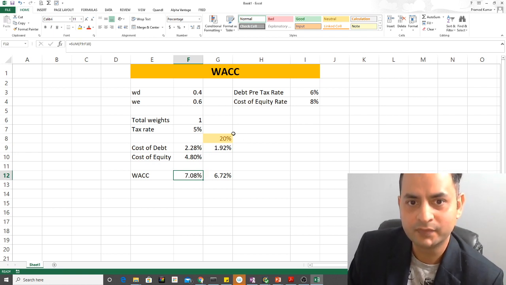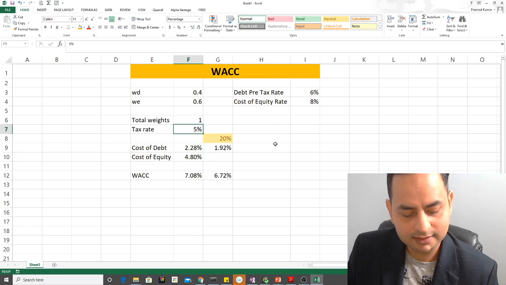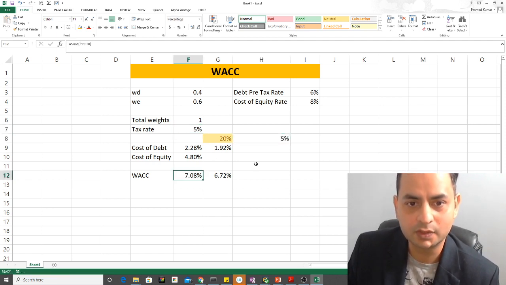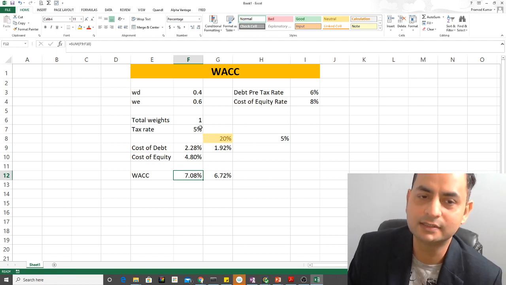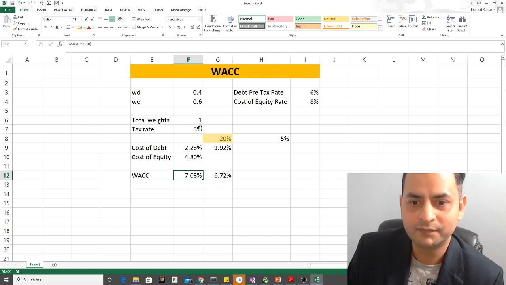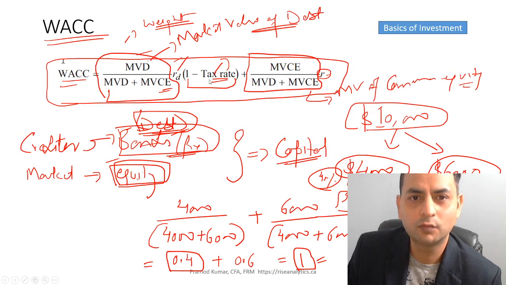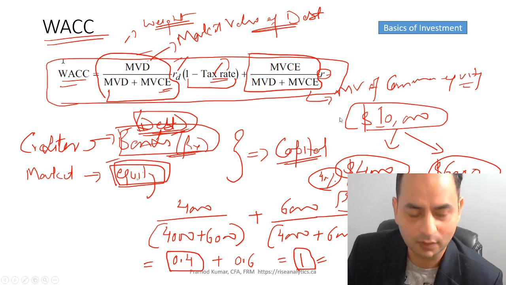That's because of the 1 minus in the formula, which cuts the weighted average cost. So the higher the tax rate, the lower our WACC. That's what we have learned from here.